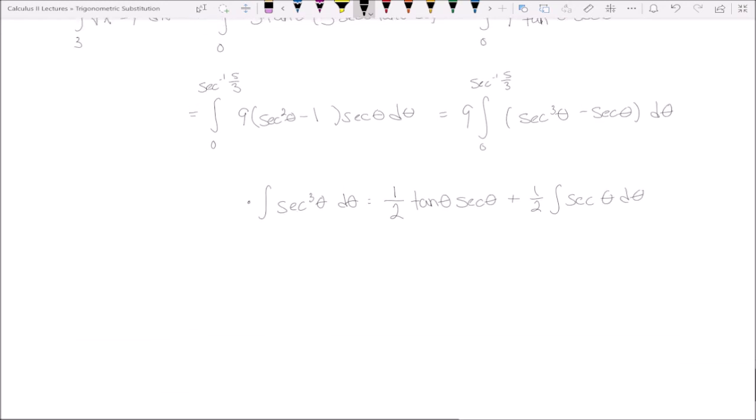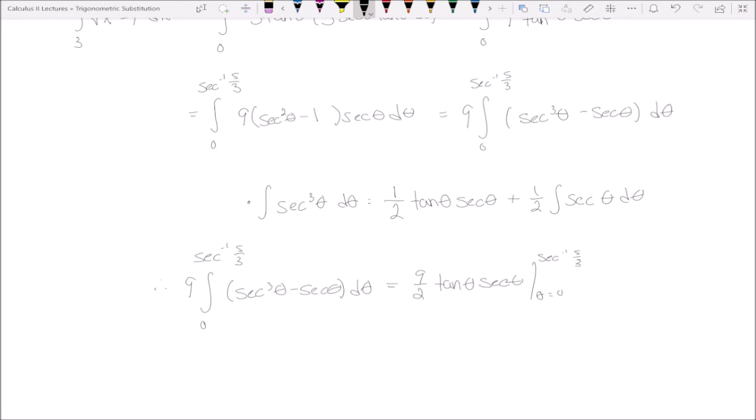If we plug that in, what we get is 9 times the integral from 0 to inverse secant of 5/3 of secant cubed minus secant becomes 9/2 tangent times secant evaluated from theta equals 0 to the inverse secant of 5/3.